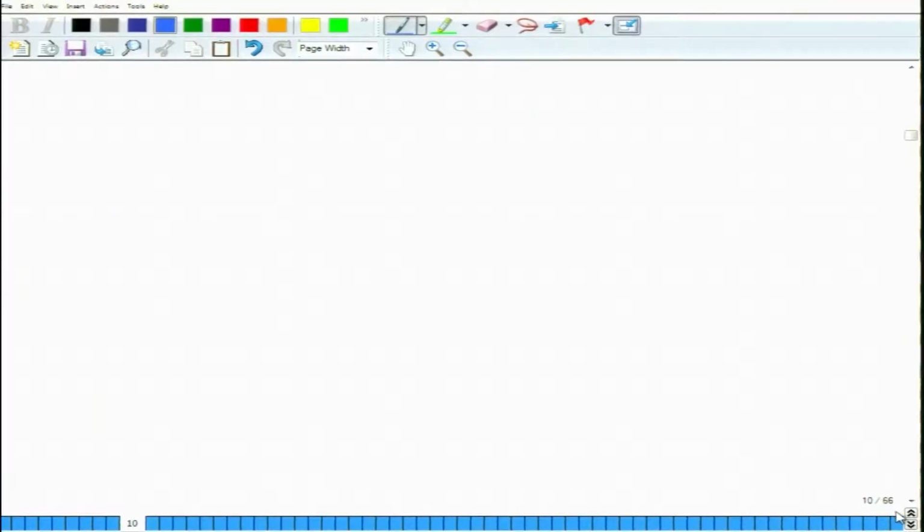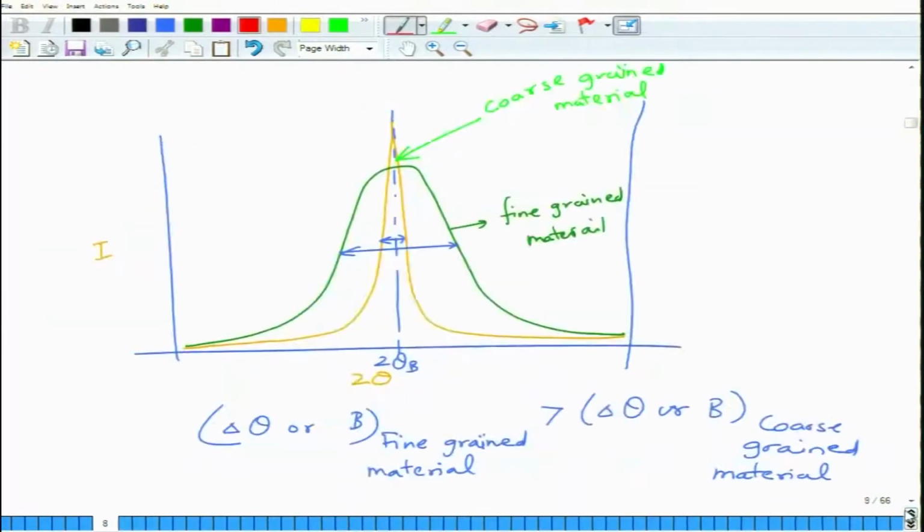Second thing which X-ray diffraction can give you is about the strain. So the previous thing was about the particle size, or you can say crystallite size, okay.